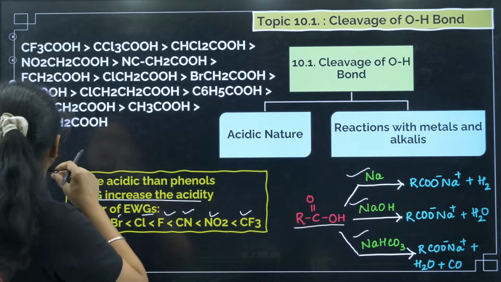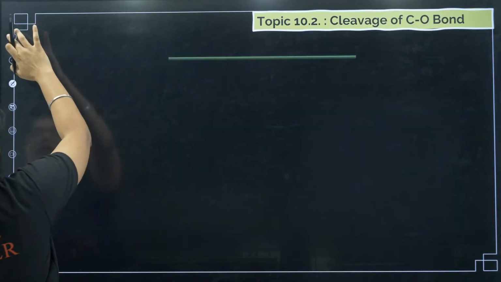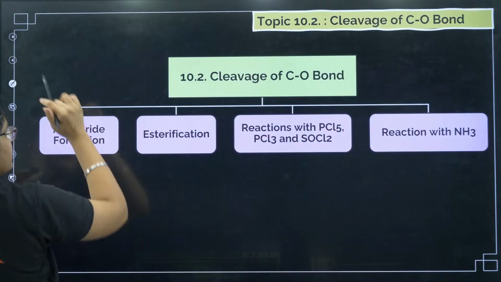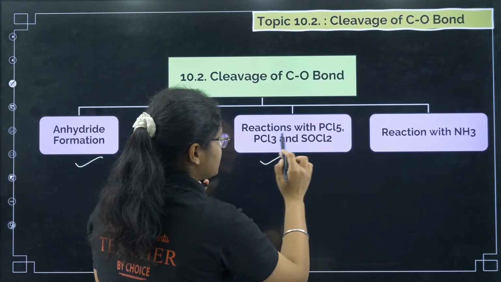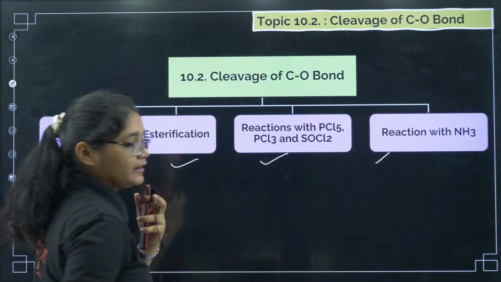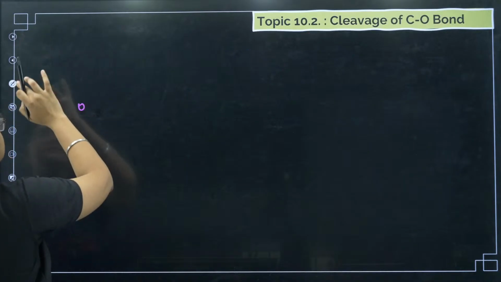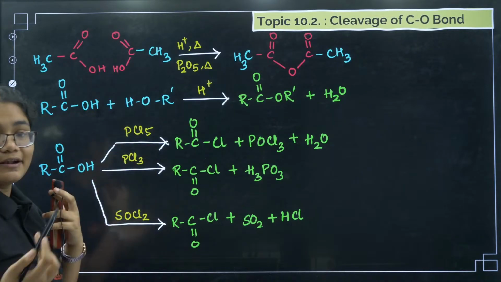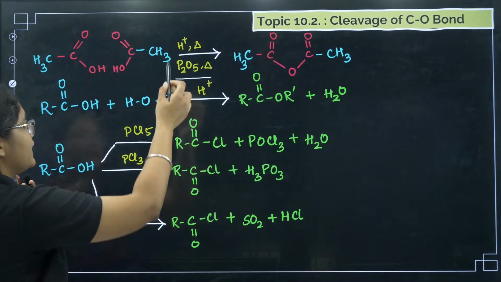Next we have cleavage of the CO bond. Here we have four reactions: anhydride formation, esterification, reaction with PCl5, PCl3, SOCl2, and reactions with ammonia. This is very easy, so let us quickly check. In anhydride formation, the reagent is P2O5 with heat, or H plus and heat.